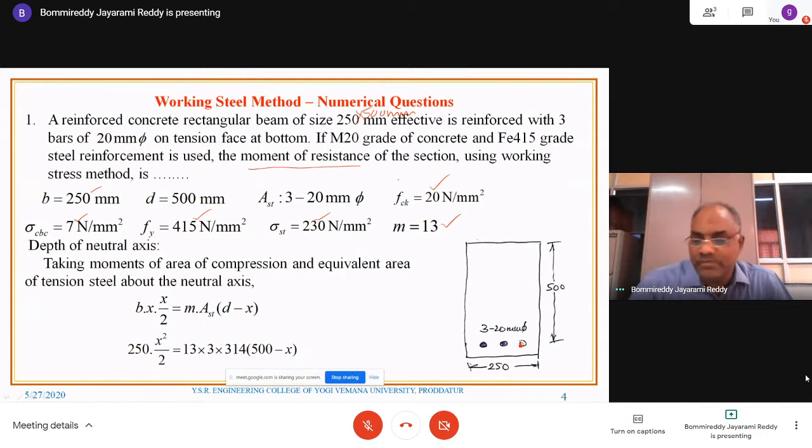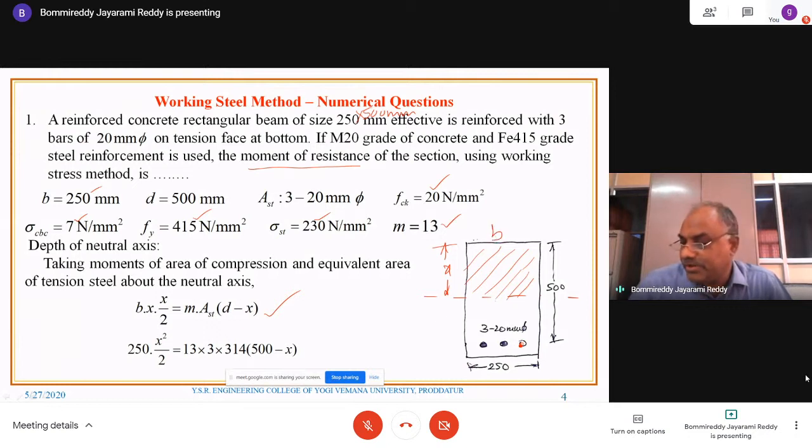For that, first find out the actual depth of the neutral axis. For the actual depth of the neutral axis, what do we do? We take the moments of all forces above and below about the neutral axis.